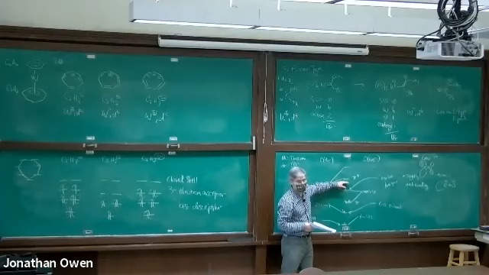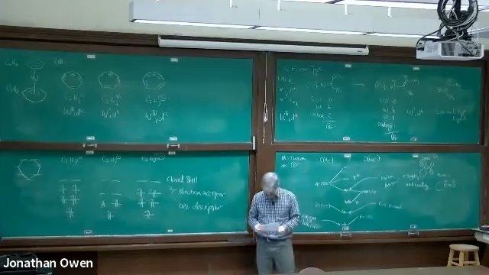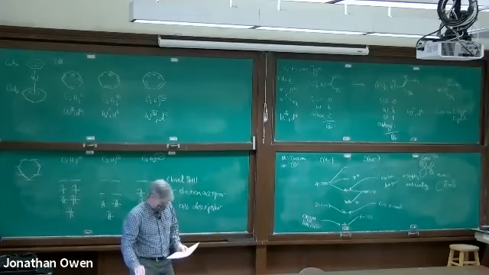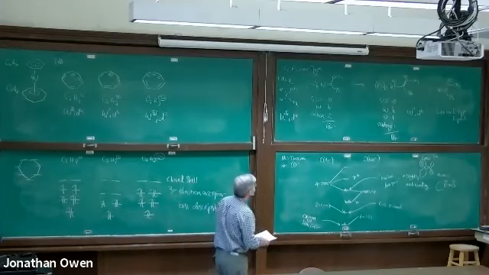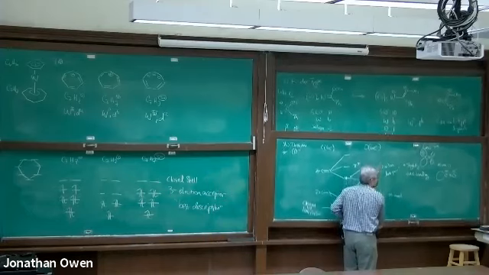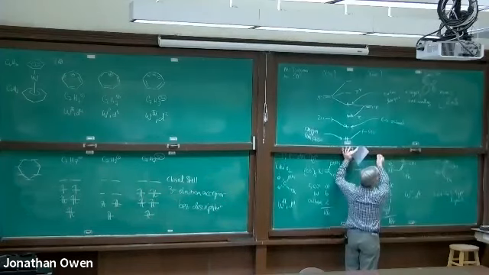Right? That's why it's a pi acceptor. All right. So both of those interactions lead to COs bonding with metals.